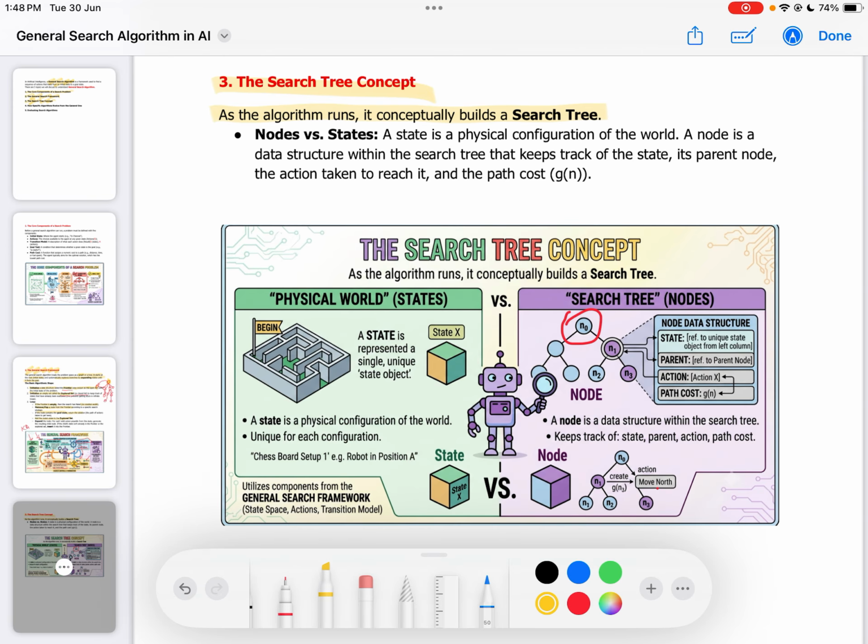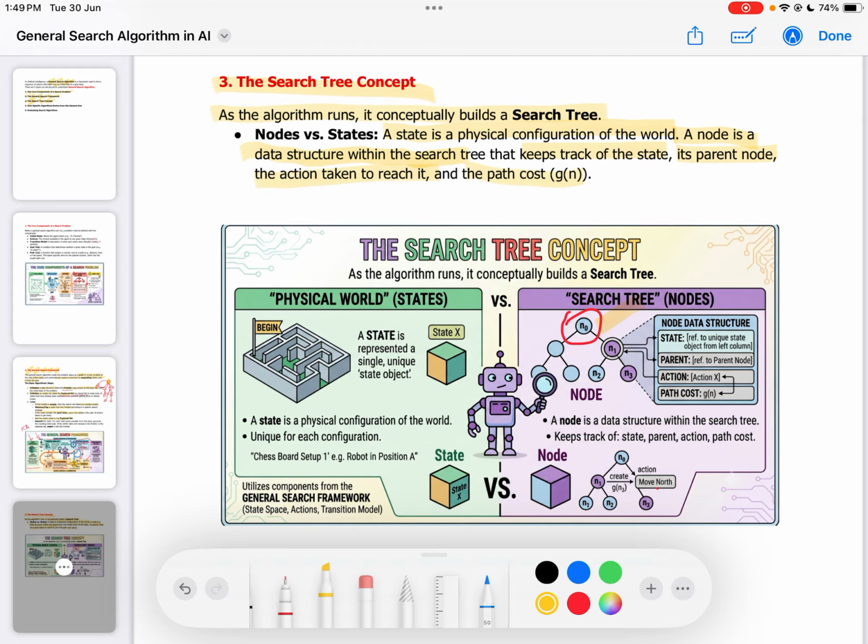Node is one point in this. A state is the physical configuration of the world. The actual problem that we give is the state. Okay, node is a data structure which AI has created within the search tree to keep track of the state and its parent node, actions to reach it and the cost that it takes.